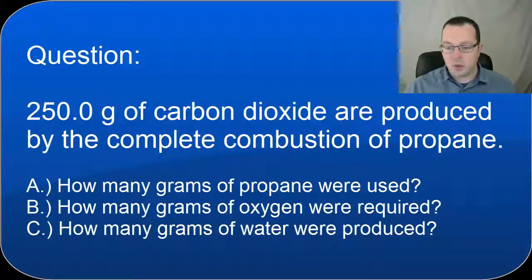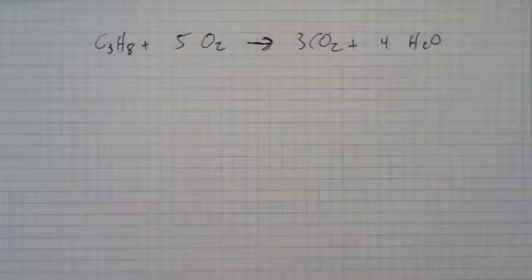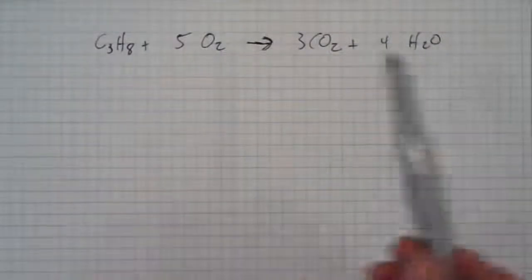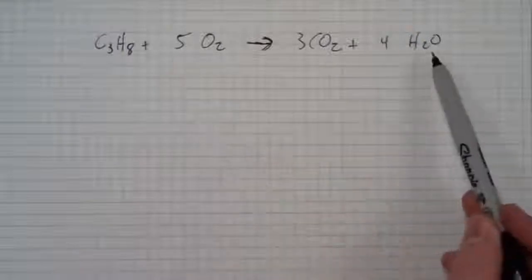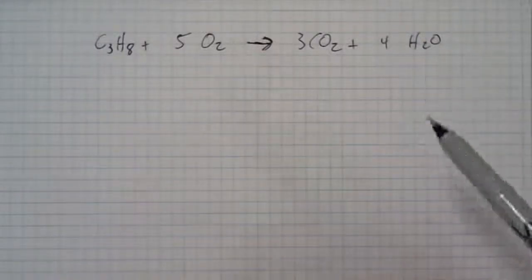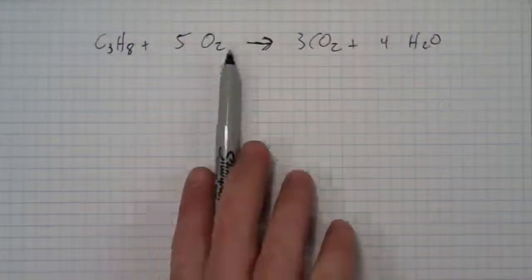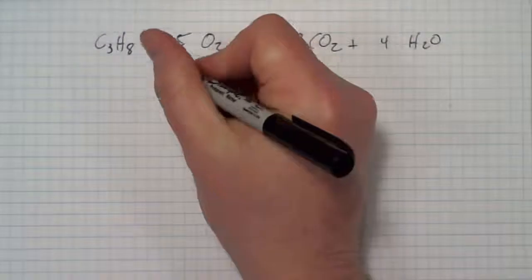First, we'll need the balanced chemical equation. I'll get that set up, and then I'll show you how to set up the chart. Okay, so here we are in my notebook, and you can see I've got the equation set up here. Now I'm going to show you how I make the chart. When you make the Stoich chart, there's always one column for every chemical.